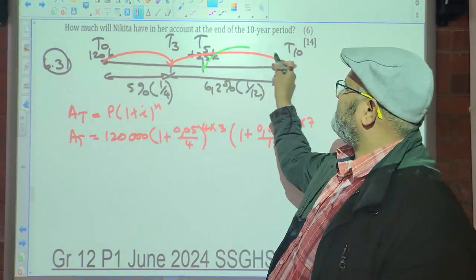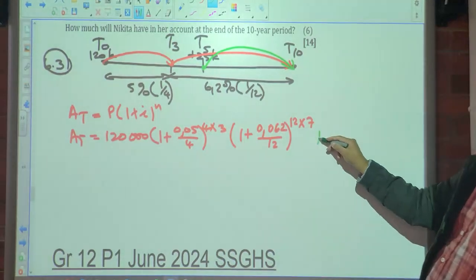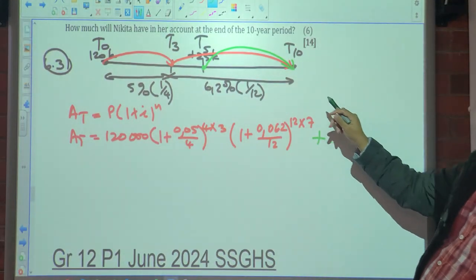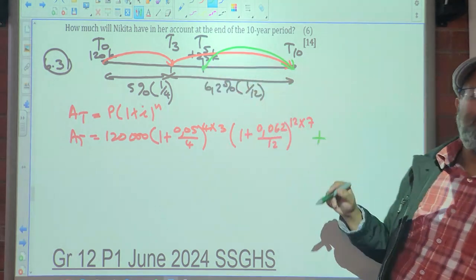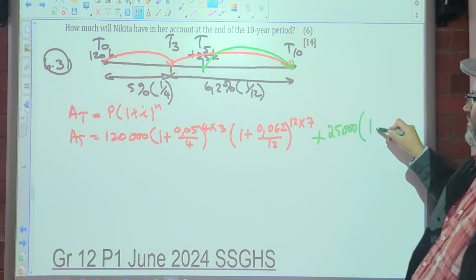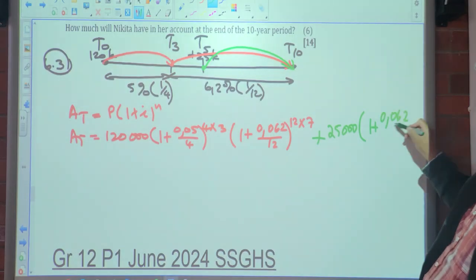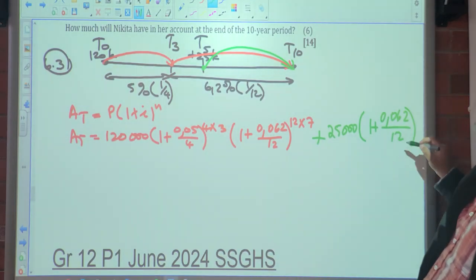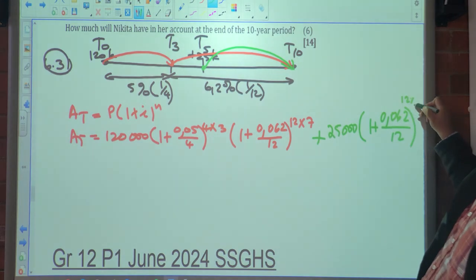Let's go to the 25,000. You're just going to draw that to the end of the period. So it's plus, because it's a deposit. If it had been a withdrawal, it would have been a minus. So it's going to be 25,000 into 1 plus 0.062 over 12 to the exponent 12 times 5.